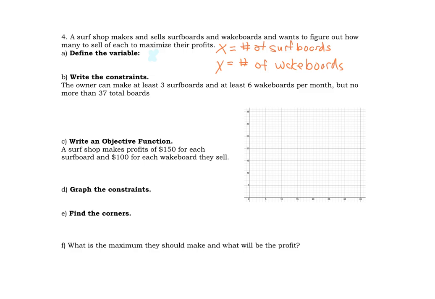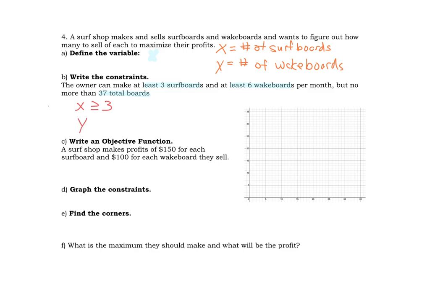Write the constraints. I've broken it down for you. An owner can make at least 3 surfboards, and at least 6 wakeboards, but no more than 37 total boards. So there are 3 constraints. Surfboards are x, so x, the smallest amount is going to be 3.